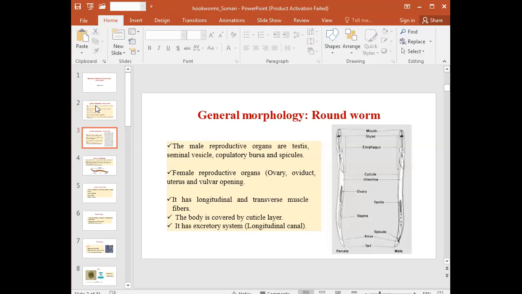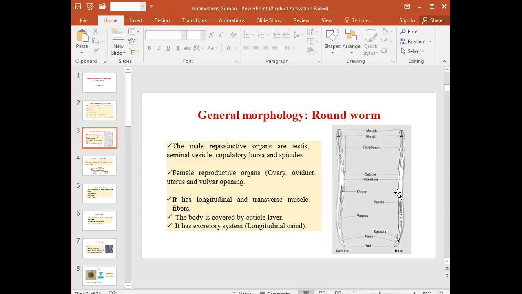The second point is that the male has reproductive organs, and the reproductive organs are testes, seminal vesicles, copulatory bursa, and the spicules. The copulatory bursa is a sac-like structure that receives the sperm during copulation in this particular parasite.